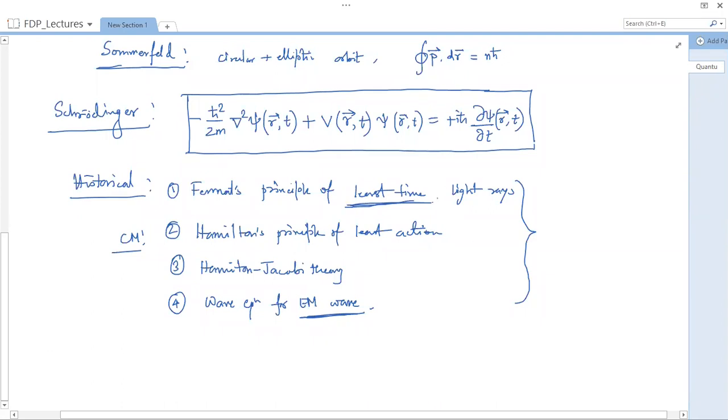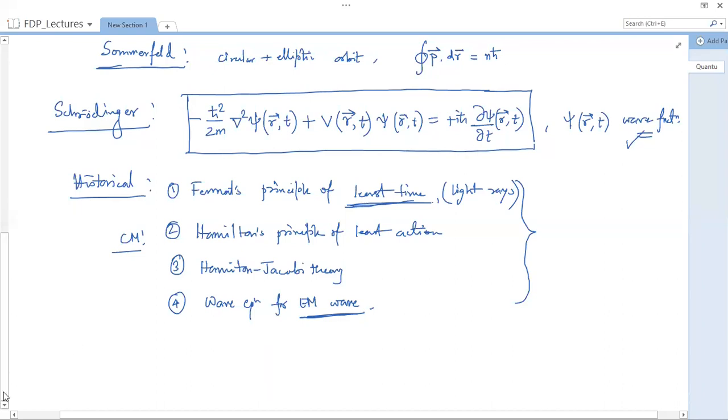as Fermat did for light rays, and these light rays can be thought of as waving like particles. Then Schrodinger came up with this equation where psi is what he called the wave function. He was not sure about the nature of the wave function, but he gave this equation.